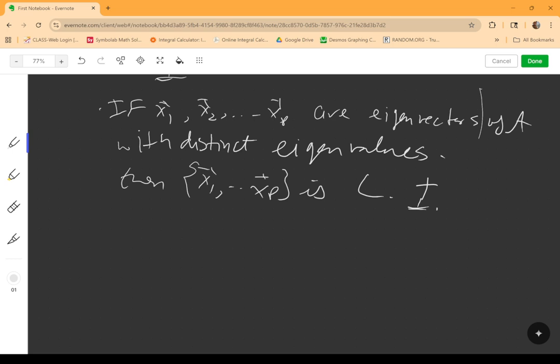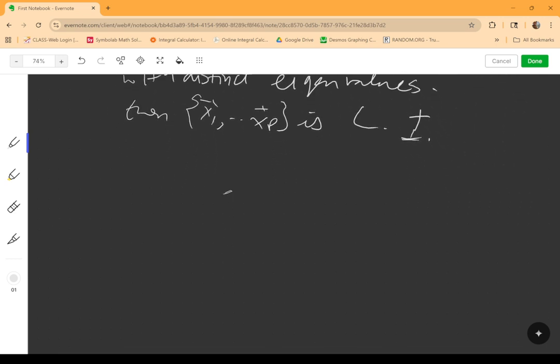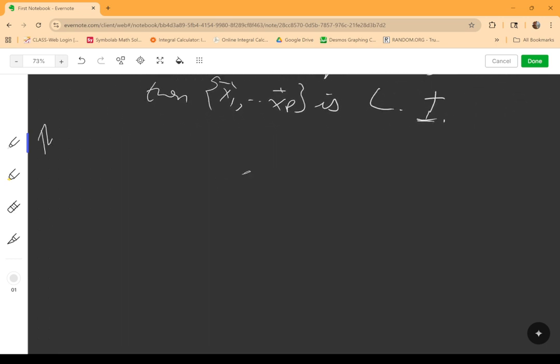Now, a couple of other more computational properties that are useful. The first one is theorem ESMM, which has to do with scalar multiples.